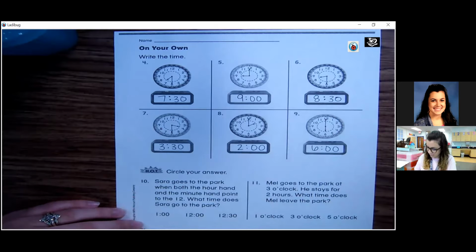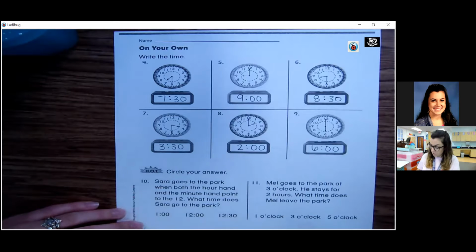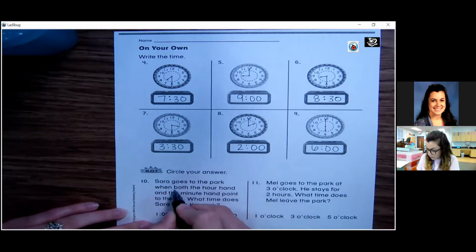Let's look at number 10. Sarah goes to the park when both the hour hand and the minute hand point to the 12. What time does Sarah go to the park? 1 o'clock, 12 o'clock, or 12:30? We know that both the hour hand and the minute hand point to the 12.